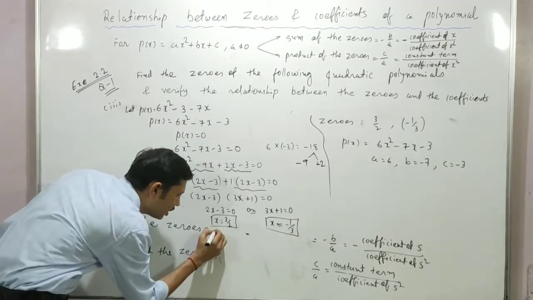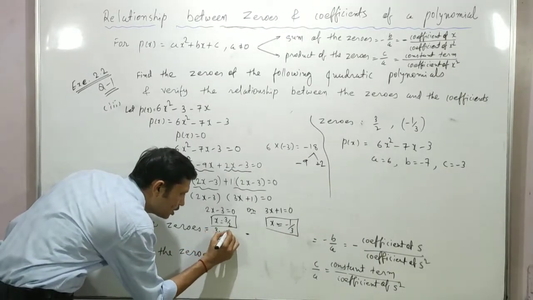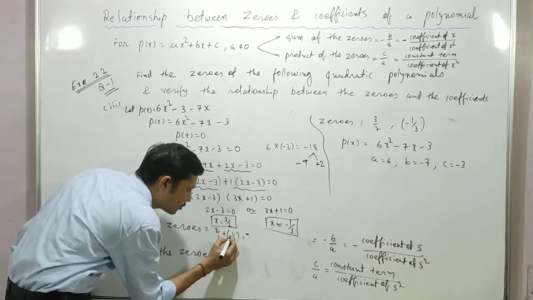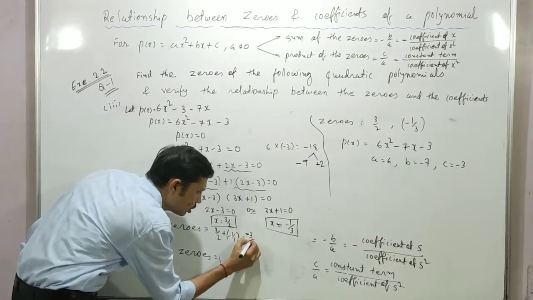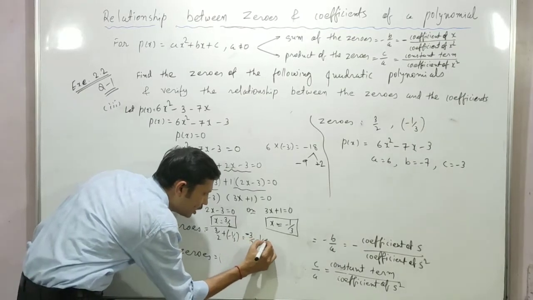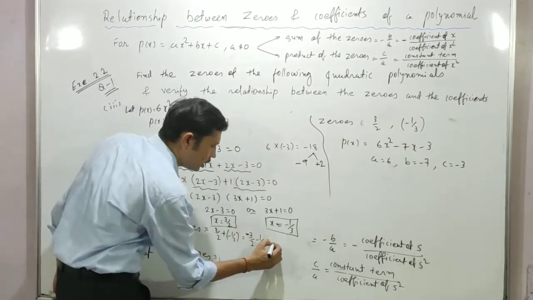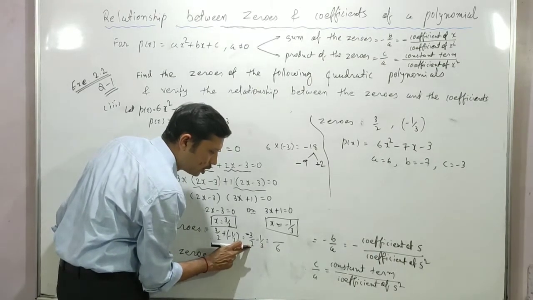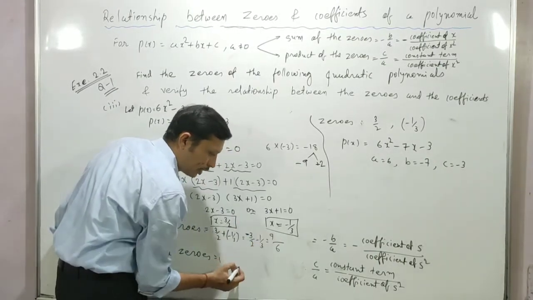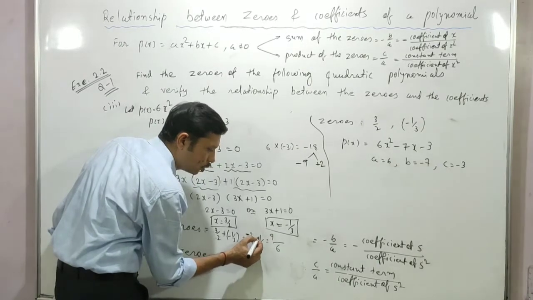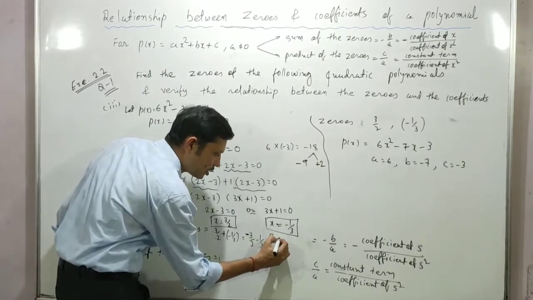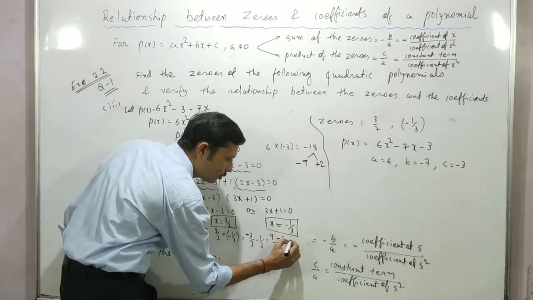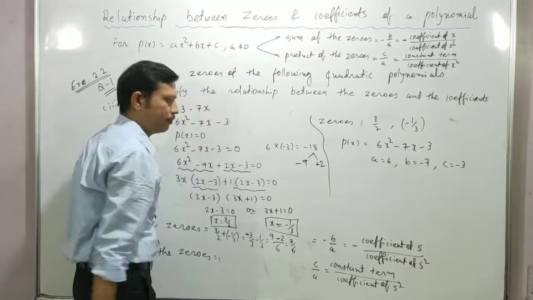The zeros are 3 by 2 and minus 1 by 3. Now take the LCM. For 3 and 2, the LCM is 6. So to make it 6, we have to multiply here by 3. So numerator 3 3s are 9, and here 3 2s are 6. Numerator will be minus 3 2s are 6, so 9 minus 2 is 7, so it will be 7 by 6.